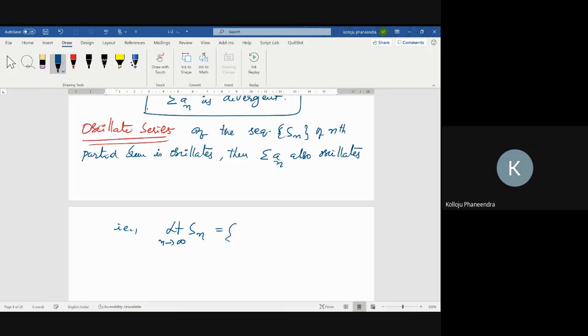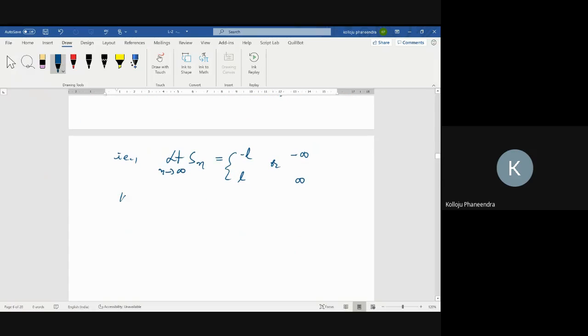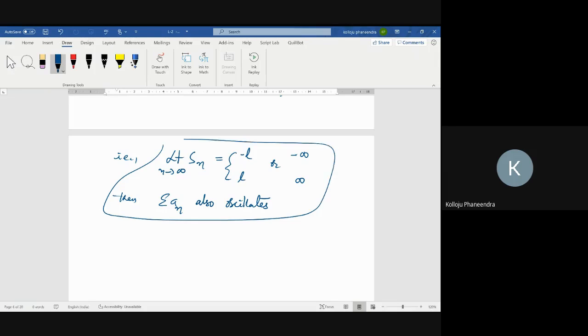There are two cases. One is oscillates finitely. I will write something like this: minus L plus L, or minus infinity plus infinity. Choices. Then the series sigma an also oscillates finitely or infinitely according to the limit value.